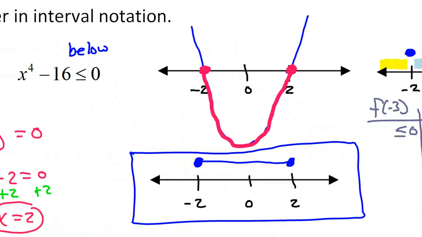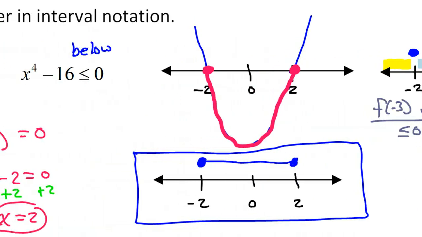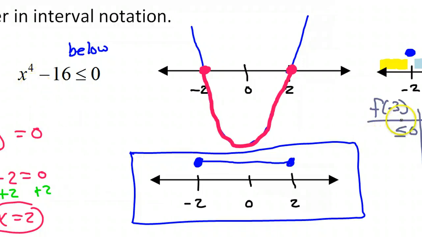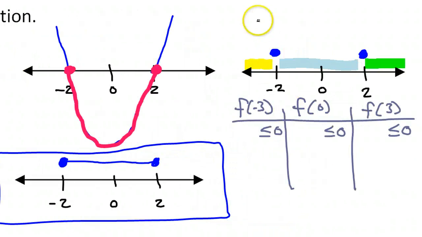Now this function is really simple, which makes it pretty easy to evaluate. So I could literally plug these values in. Let me write it over here. So we have x to the 4th power minus 16. If I do -3 to the 4th power, that turns out to be 81 minus 16.